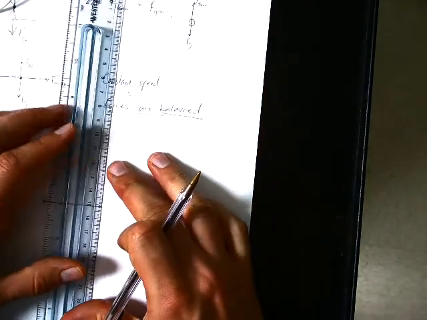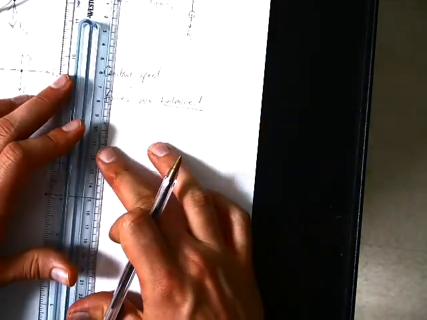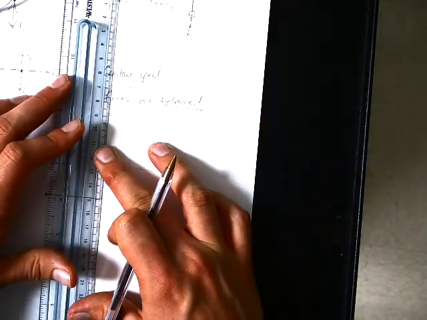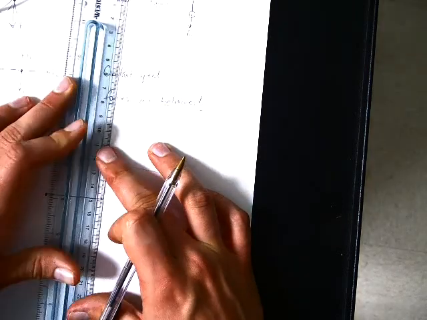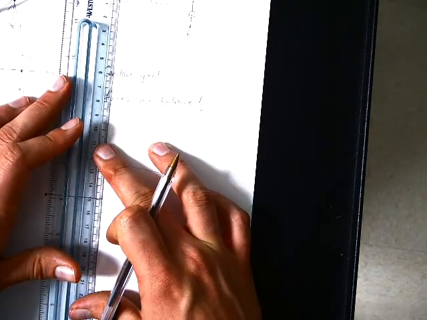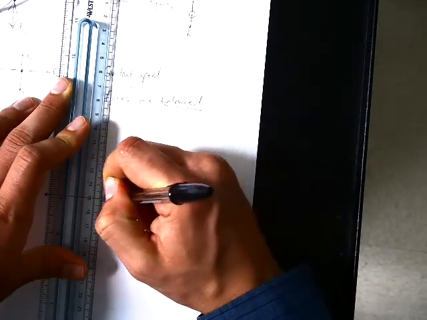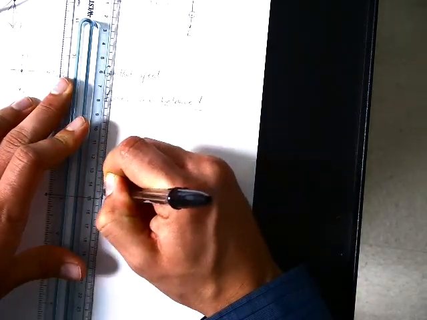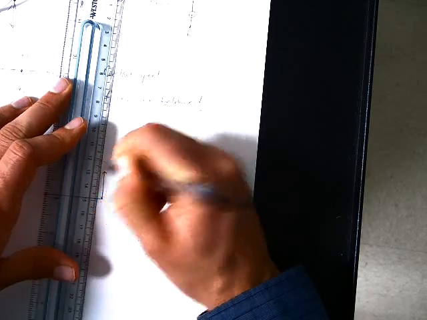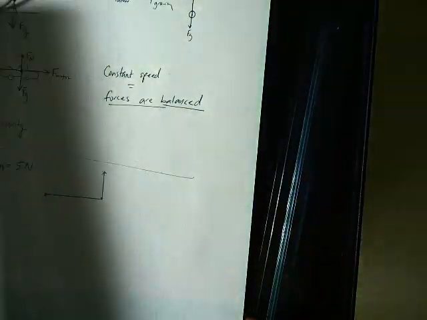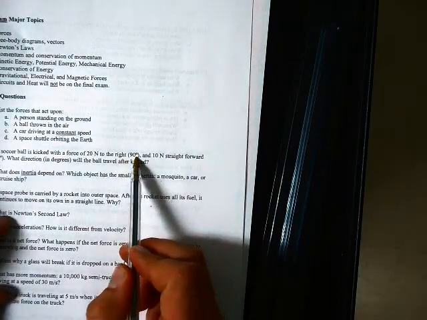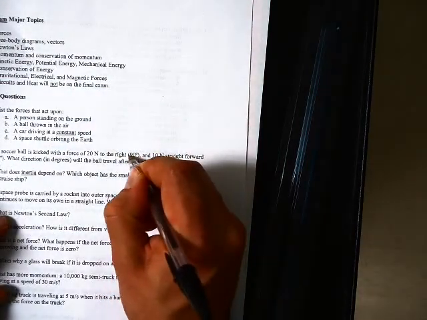And straight up at 0 degrees, we have 20. Oh, excuse me, we have 10. So that would be 2 centimeters. I believe I might have made a mistake right here. To the right is actually 0 degrees.